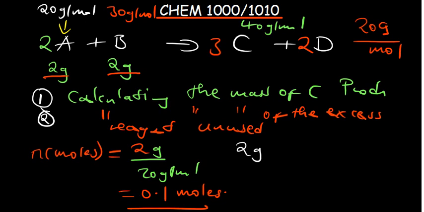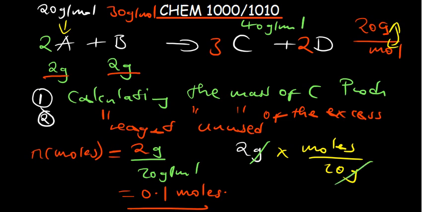You exchange them, right? The moles goes on top. So the 20 grams will go down there, which will imply that even if you don't know the formula, you can still come up with your answer by dividing the 2 by the 20, which will still give you 0.1 moles.